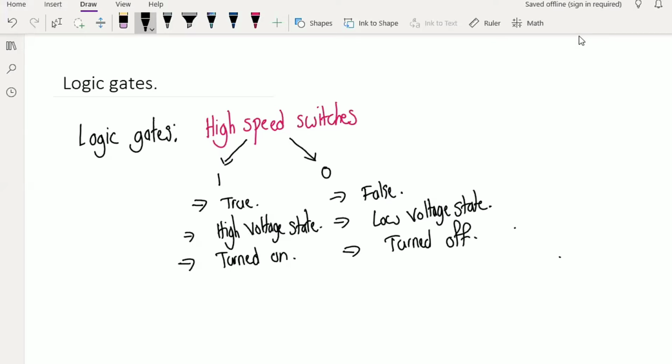All right. For the purposes of CSEC, you will be asked to know the 5 basic types of logic gates. And that's what we will talk about next.